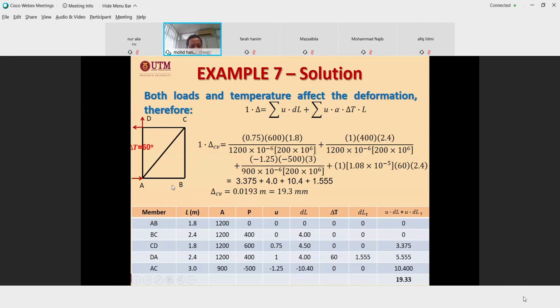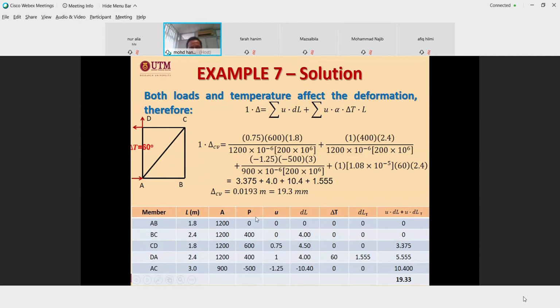How many members? 1, 2, 3, 4, 5. 1, 2, 3, 4, 5. L, A: A is not equal, where AC is smaller. Therefore, one column for A should be inserted into this table. If A is uniform, then you don't need to include this column.